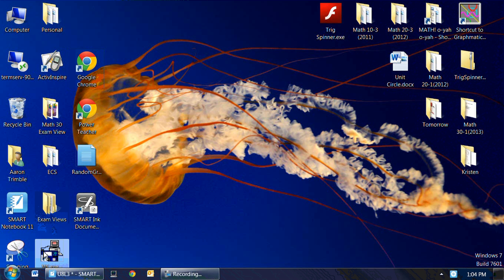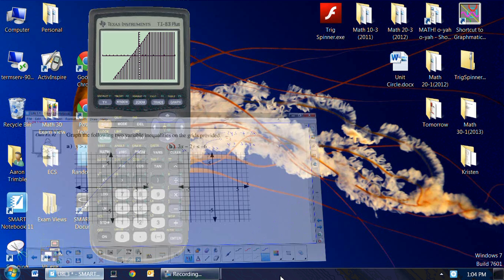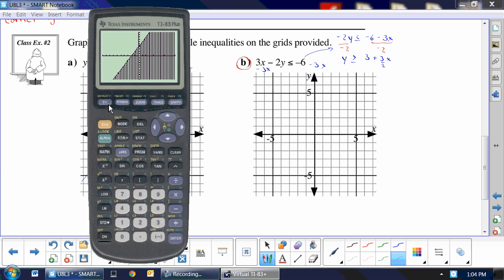So, pull up the calculator like that. Okay, so 3 plus 3 divided by 2x. I would hope you would use the calculator to check your math. I say, okay, well, our x-intercept is at -2 and our y-intercept is at 3.